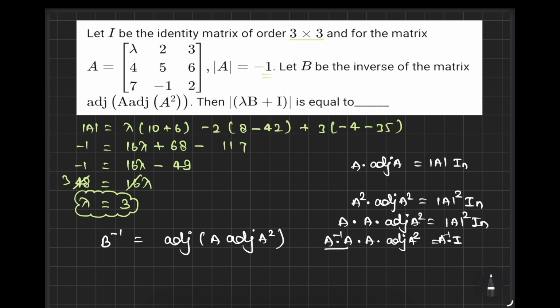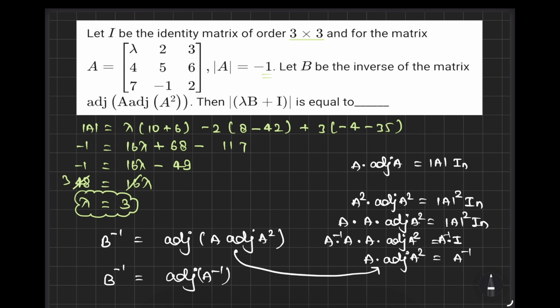So this thing will become 1 and we will be left with A times adjoint A square is equal to A inverse, correct? So can I replace everything and write B inverse as adjoint of A inverse? I did nothing, I have replaced this. Correct?